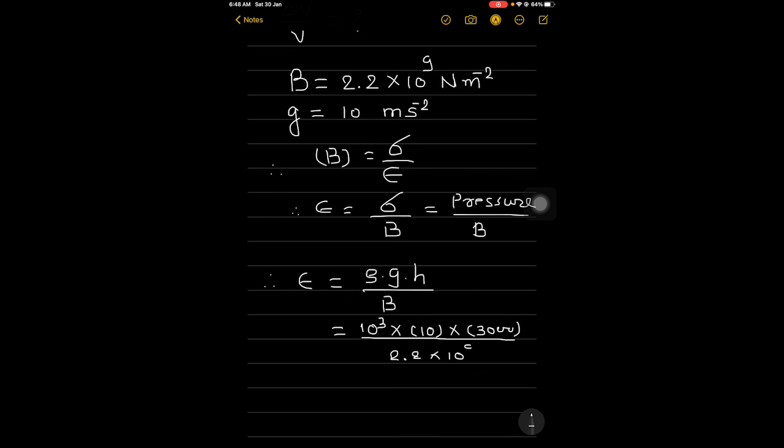So this comes out to be about 1.36 into 10 to the power minus 2. But when we convert it into percentage, it will be equal to 1.36 percent. So the ratio of delta V over V, or we can say the strain, comes out to be 1.36 percent from the top of the sea level. So this is your example.